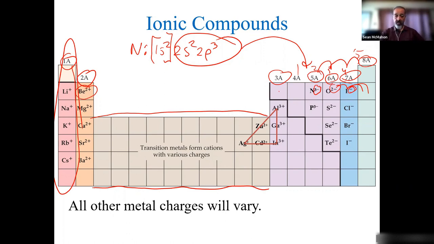But to remember these, you could draw this triangle. I like drawing a little staircase. So this is the third stair, and aluminum is a 3 plus. Zinc is on the second stair, and silver is on the first stair. So I have an increase in charge, +1, +2, +3.